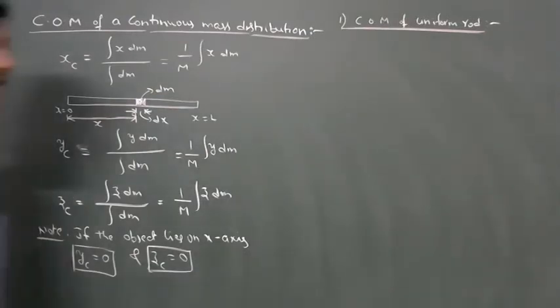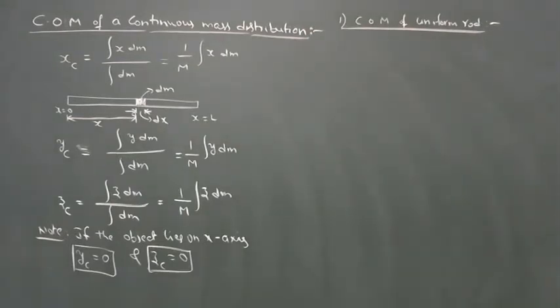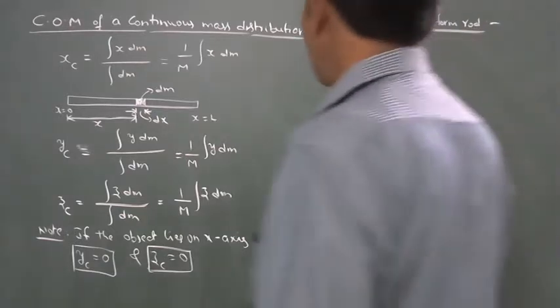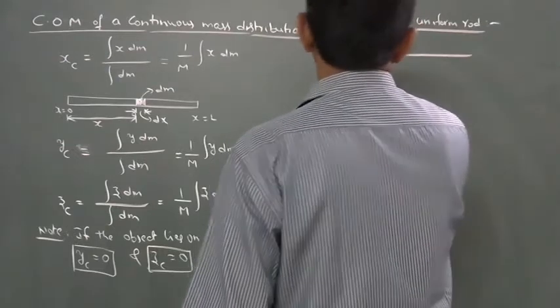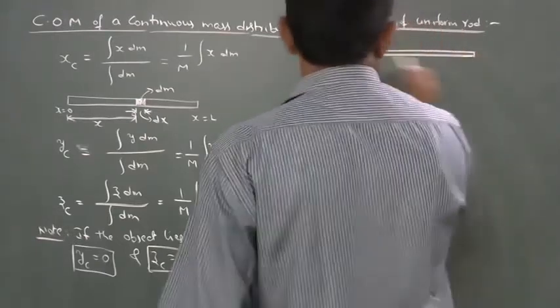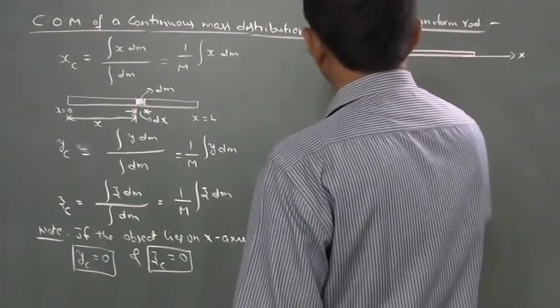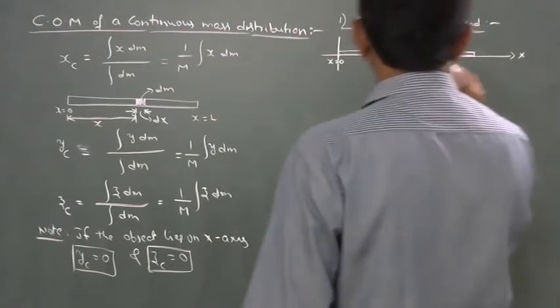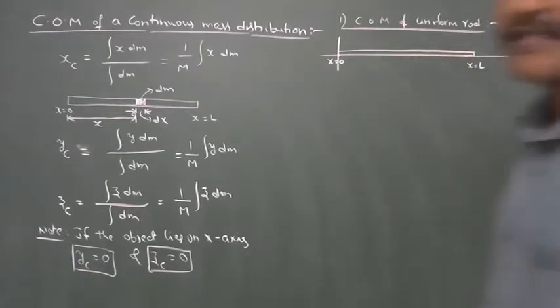Consider a uniform rod of mass M and length L lying along the x-axis with its one end at x equal to 0 and the other end at x equal to L. This end is at x equal to 0, this end is at x equal to L. Its mass is M and length is L.